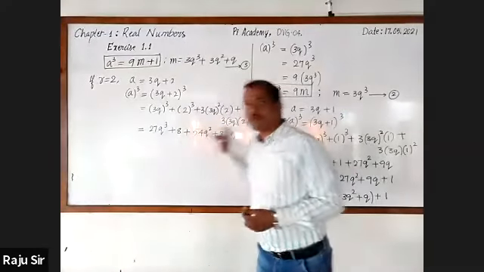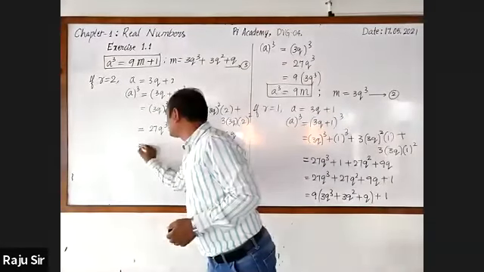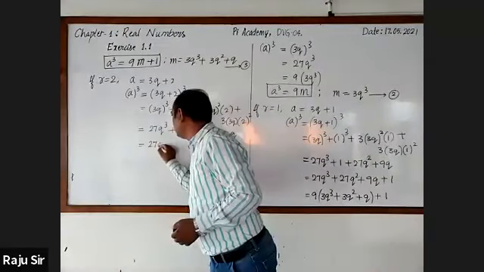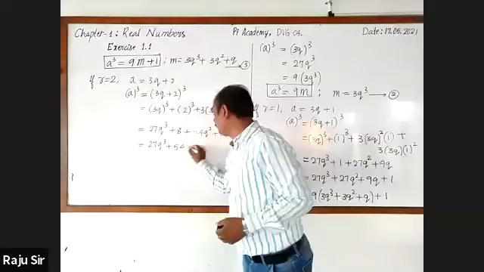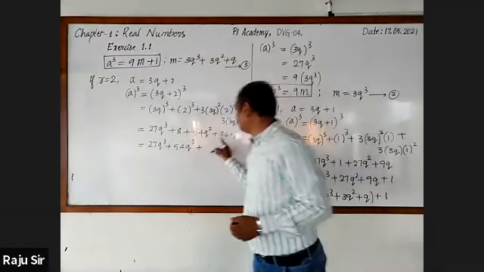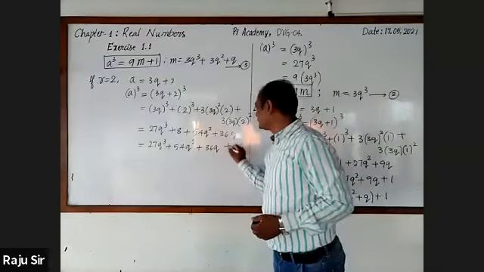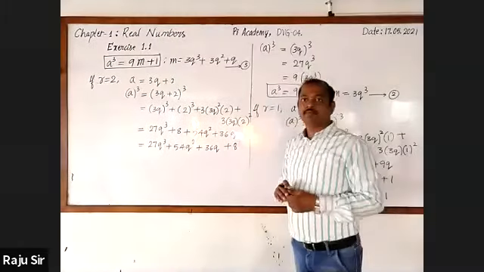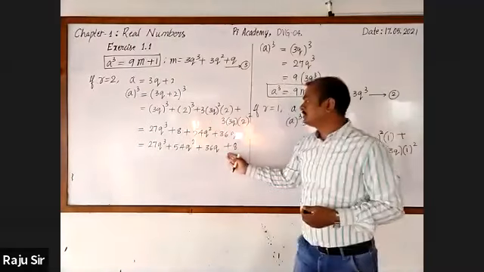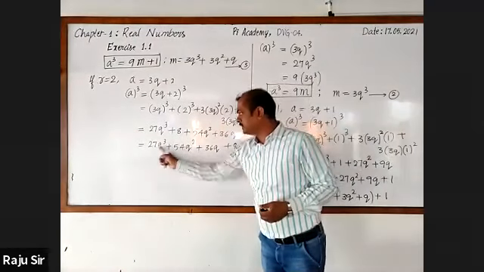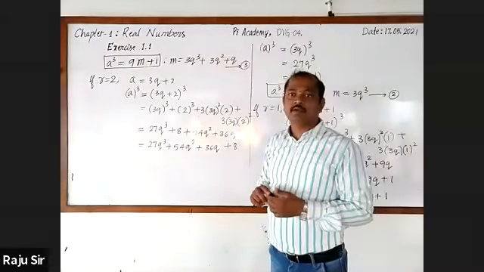Now, just go for writing this in standard form: 27q raised to the power 3 plus 54q raised to the power 2 plus 36q plus 8. Here we can see that in the first 3 terms, the coefficients 27, 54 and 36 are all multiples of 9.